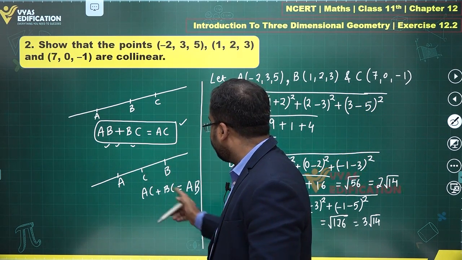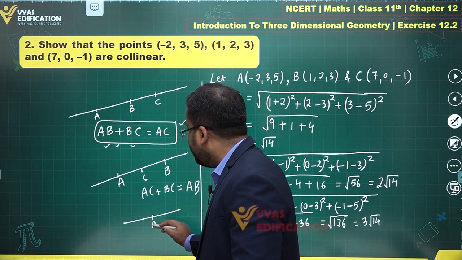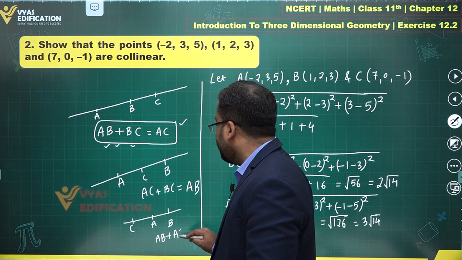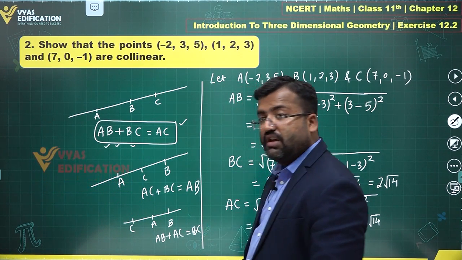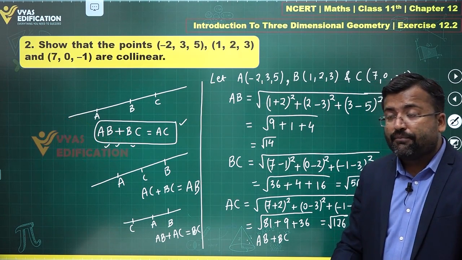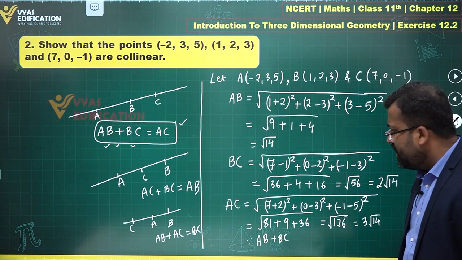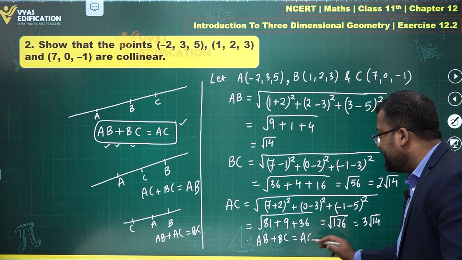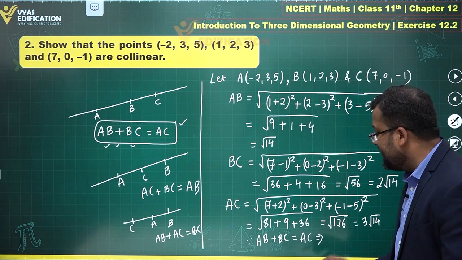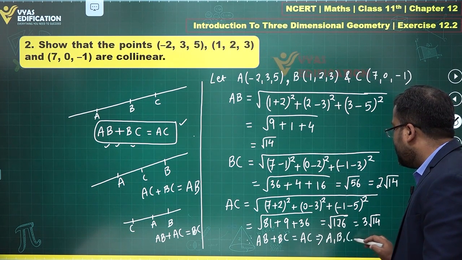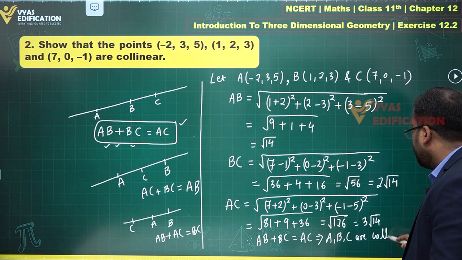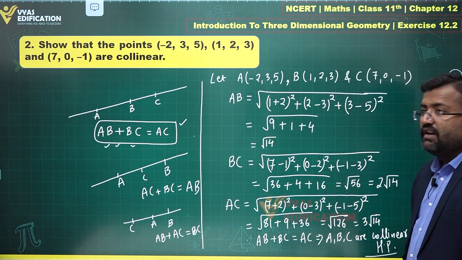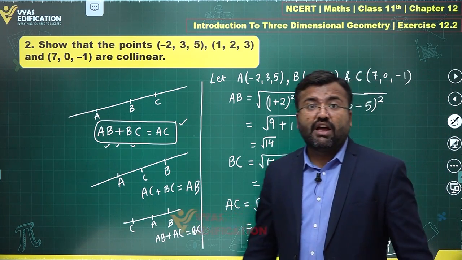Or for that matter, if you would have had A in the middle, C here, B here, you would have said AB plus AC will be equal to BC. So any of these are okay. Herein, obviously, we are getting the same thing. Sum of any two is equal to the third one, since AB plus BC is equal to AC. This implies that A, B, C are collinear. It's collinear points, hence proved. That's a complete proof of this question. That's all that you have in the second question.